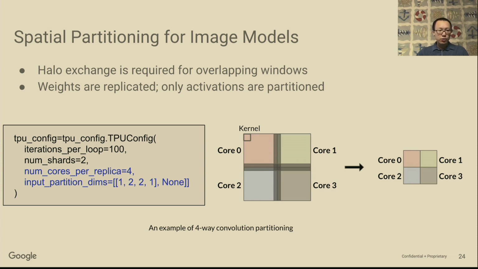The way you do that for TPU is that you just need these two lines of annotation in your TPU config, and the compiler will take care of the rest. It will automatically split the infeed and send it to different devices. It will automatically generate convolution code that handles both the within-shard and the cross-shard computation and communications correctly. Because when you are actually performing the convolution at the boundaries, sometimes you do need to get data from other shards.